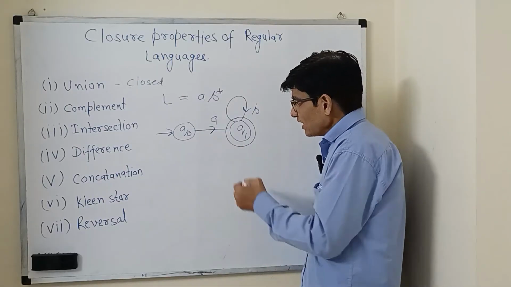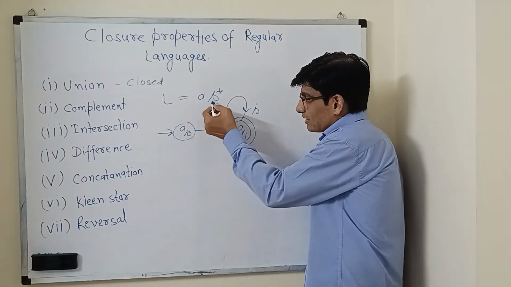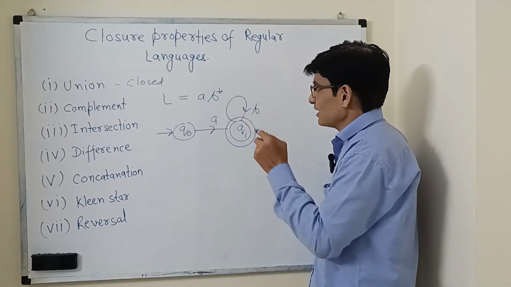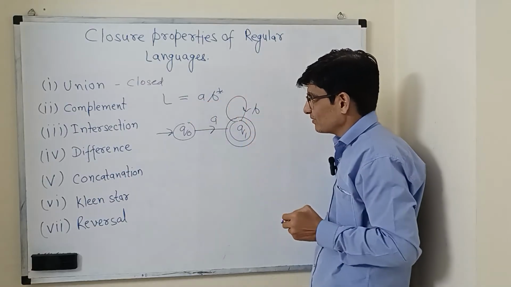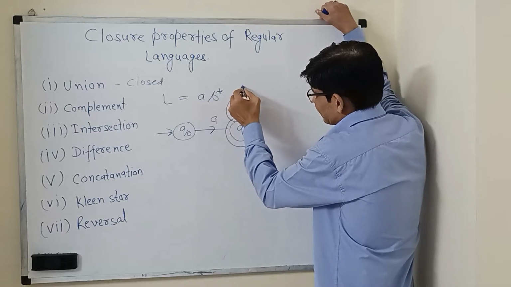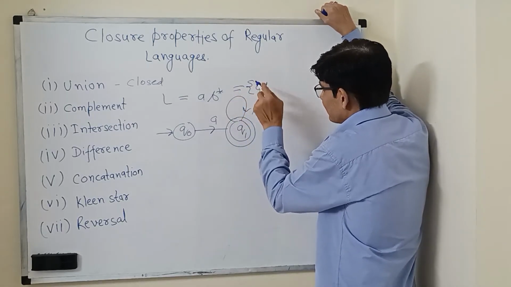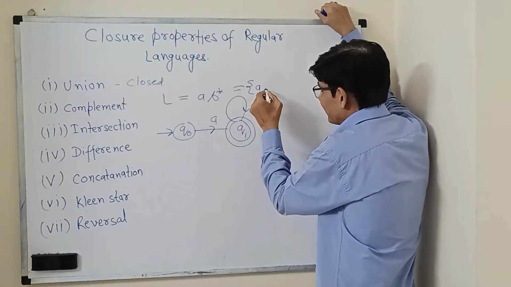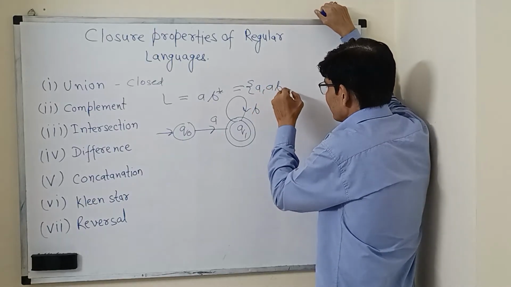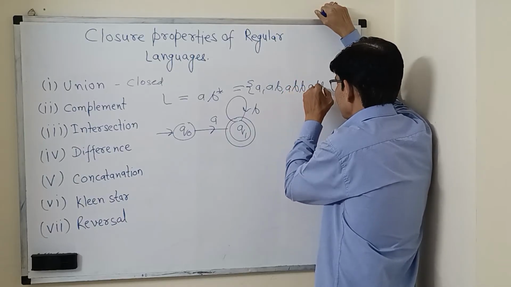Now, if I want to create the complement of this language, see, if we represent this particular language in the form of a set, the smallest string would be A, then AB, then ABB, then ABBB, like this.